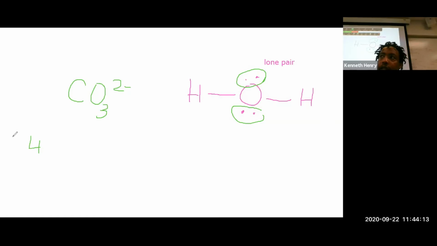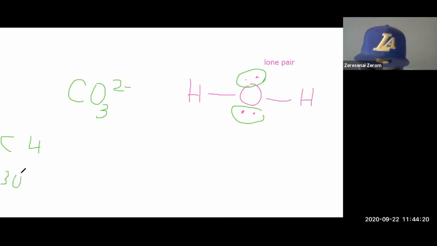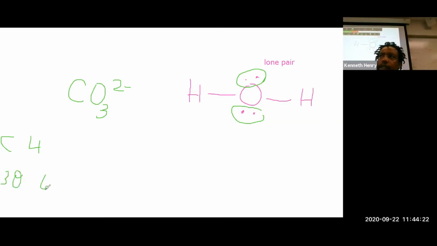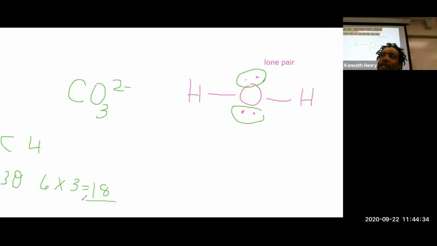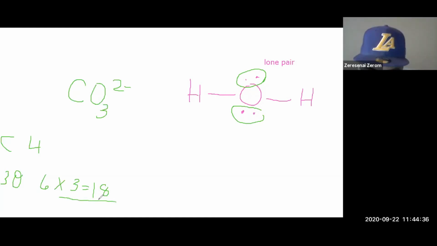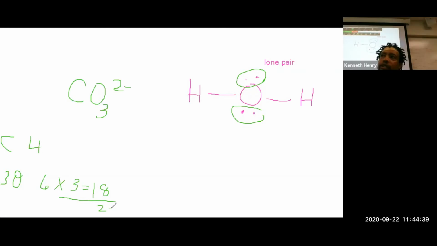Each of my oxygens has how many? 6. So 6 times 3 is 18. 18 plus 4 is 22, plus 2 additional electrons is 24. So we have 24 electrons to work with here.